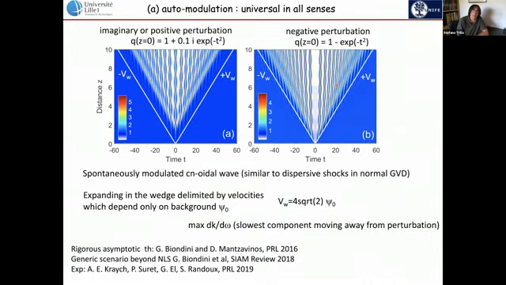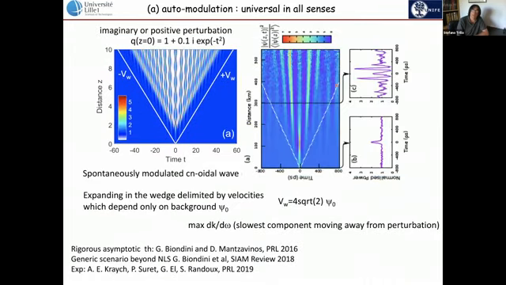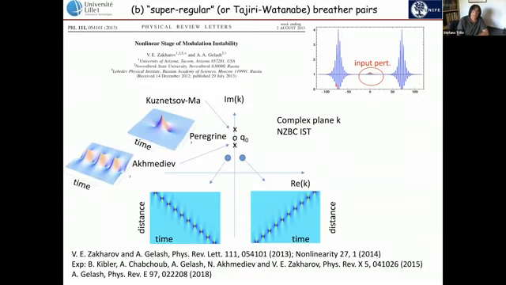The first scenario was actually confirmed by Pierre and co-workers in Lille. So we fully trust that. The second scenario was also confirmed by an experiment by Kibler in optics and Amin again in water waves.